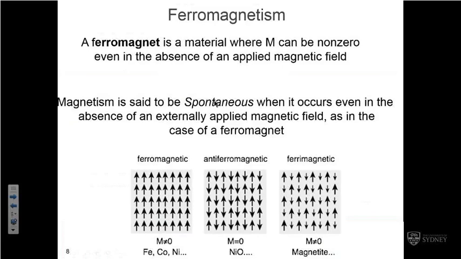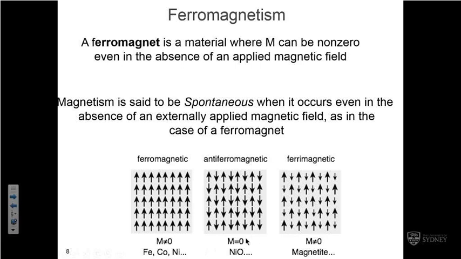This just explains a little bit more of what I said verbally. You can think of a ferromagnet as one where all the spins are aligned; some examples are iron, cobalt, and nickel. In an antiferromagnetic material, there is a magnetization, but in the opposite direction to each other, and the spins perfectly cancel, so you get a net magnetization of zero.